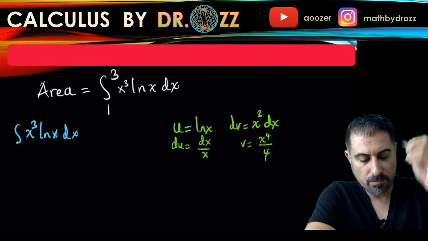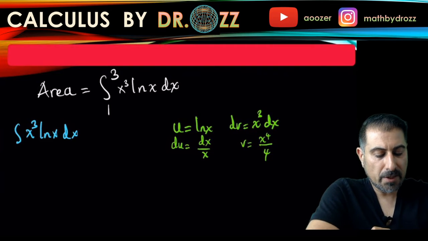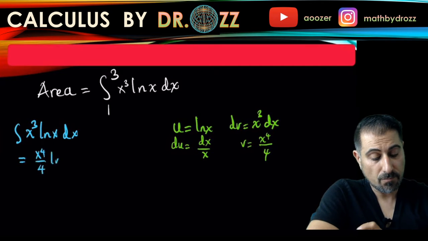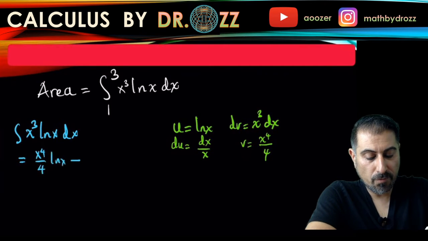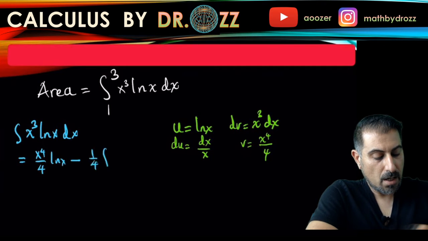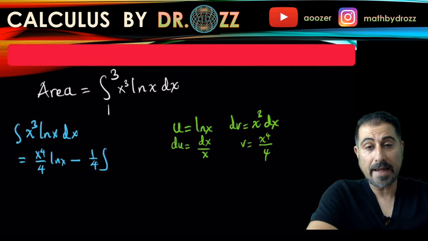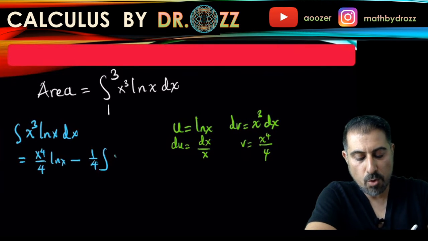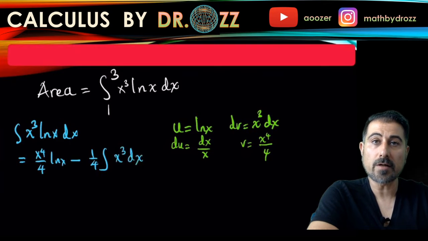Then this indefinite integral is going to be x to the fourth divided by 4 times ln x minus the integral of v du. That's 1/4 times x to the fourth divided by x, so x cubed. We have one more integration to take care of.